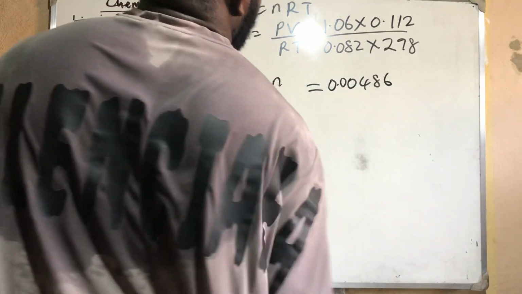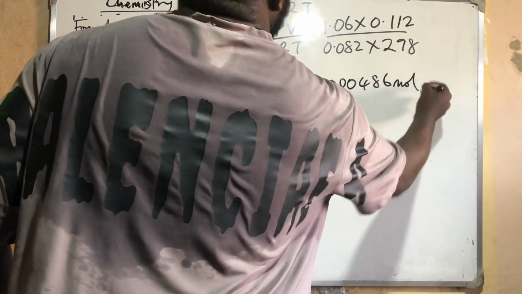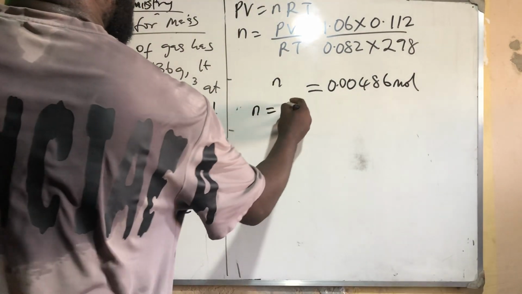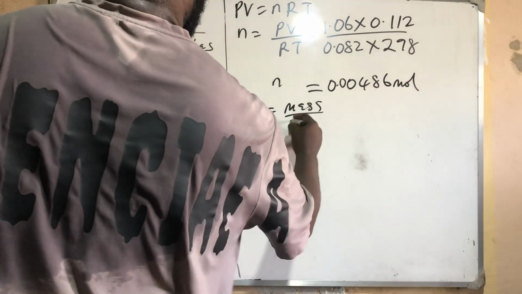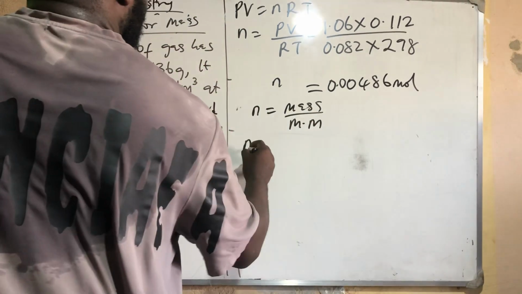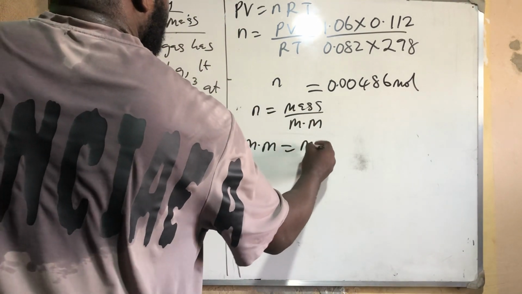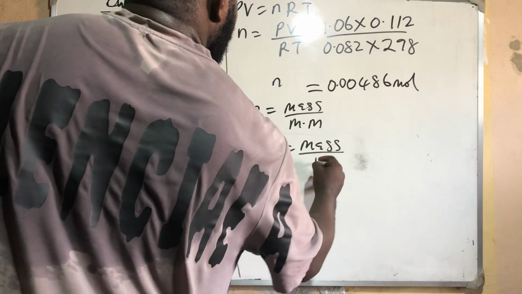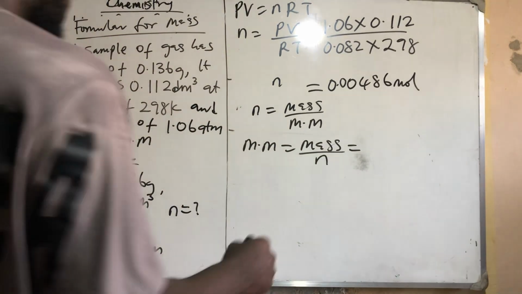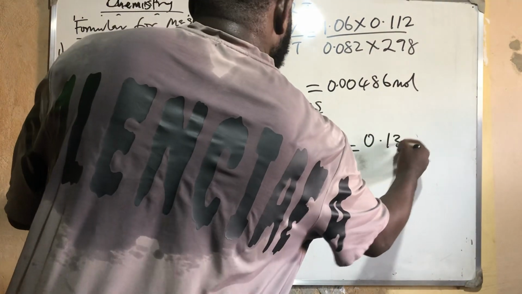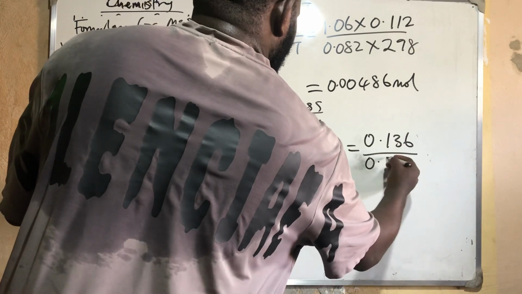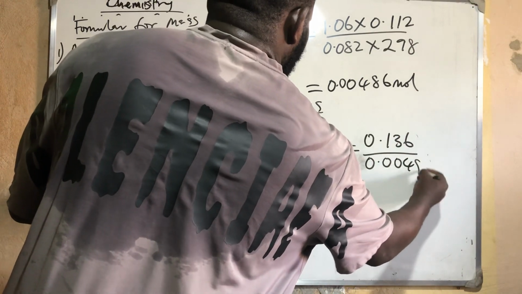So I have that my number of mole is equal to 0.0048 mole. But we know that the number of mole is equal to mass over molar mass. So molar mass that I'm looking for is mass over the number of mole. And my mass they gave me is 0.136 divided by 0.0048.